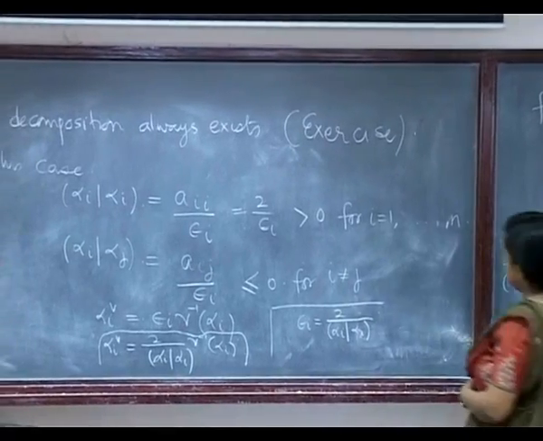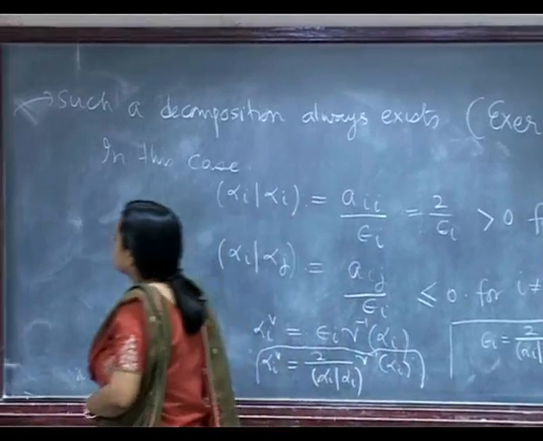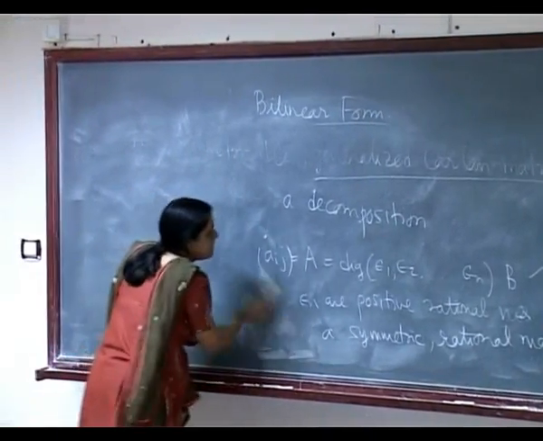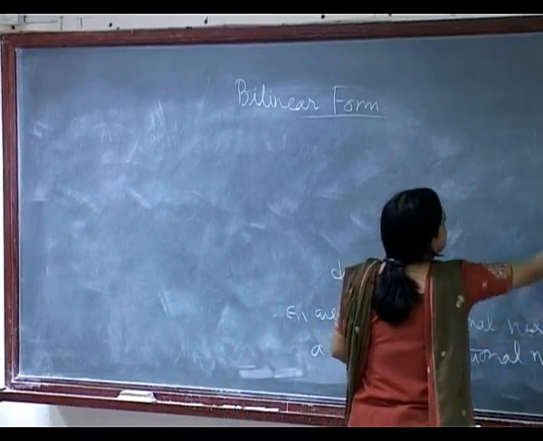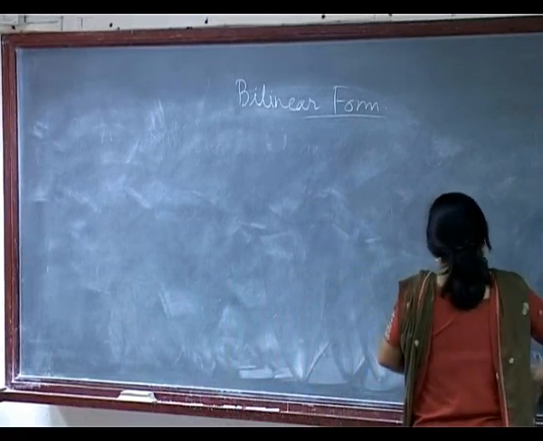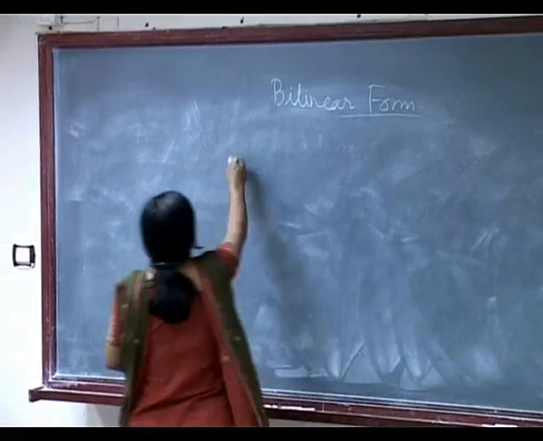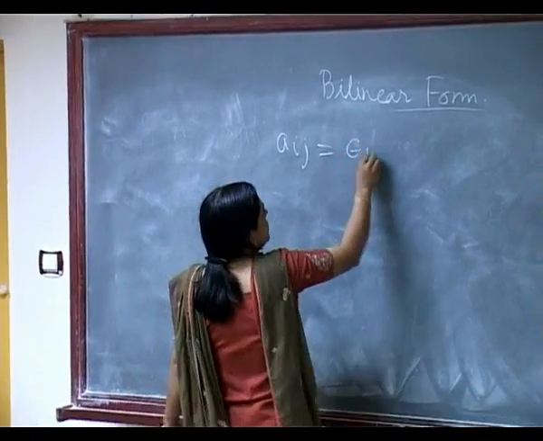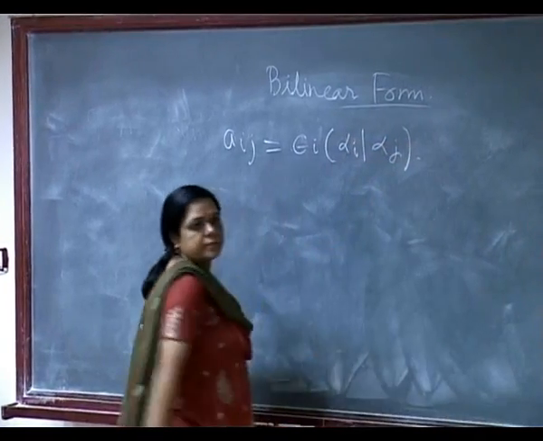And what about the aij's? aij is epsilon I alpha I alpha j from here.